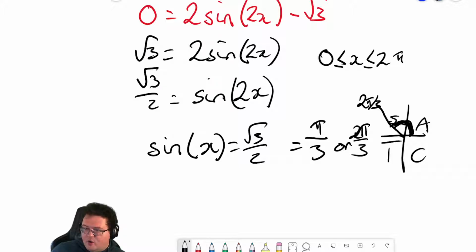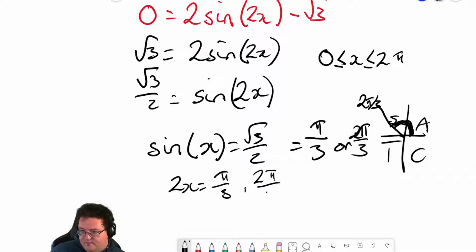So we've got pi on 3 or 2 pi on 3 as our answers for sine of x is root 3 on 2, and that's between 0 and 2 pi. So I now have 2x equals pi on 3, 2 pi on 3.